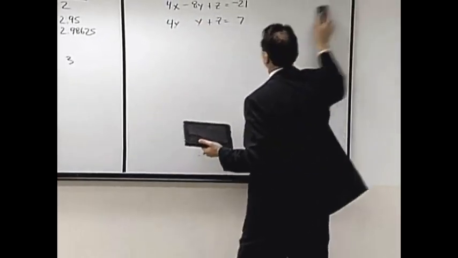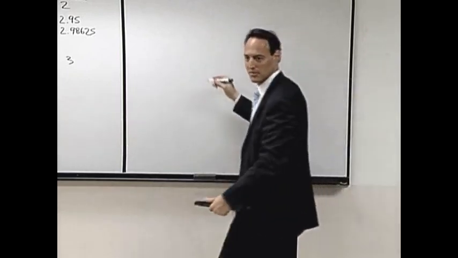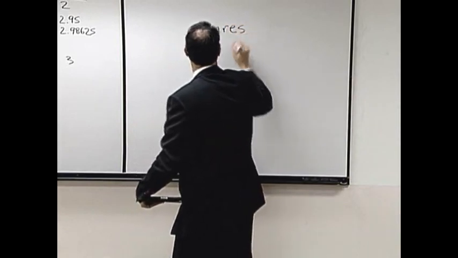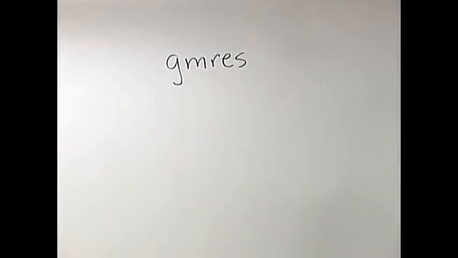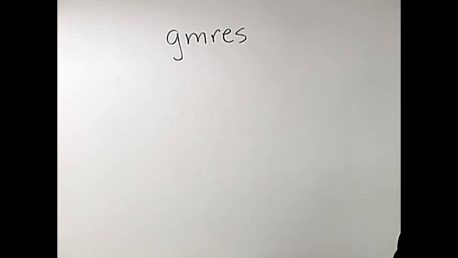Here, actually, let me write down 2 things for you you're going to become familiar with. GMRes. That's how you say that. Okay, don't go MRes. Just you drop GMRes.